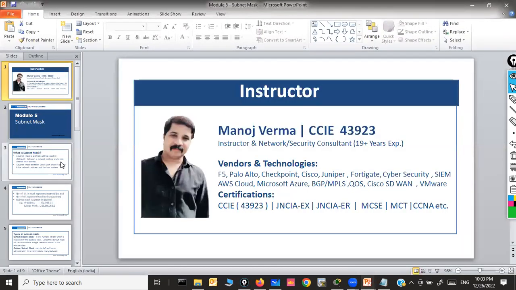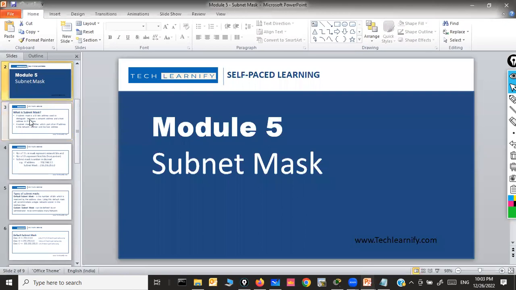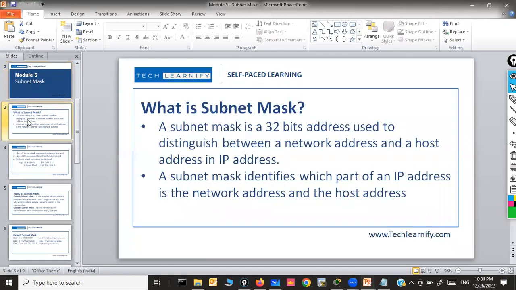I think it would be too much if I started another module; it would be too much to digest in a single class. So subnet mask is the next one.